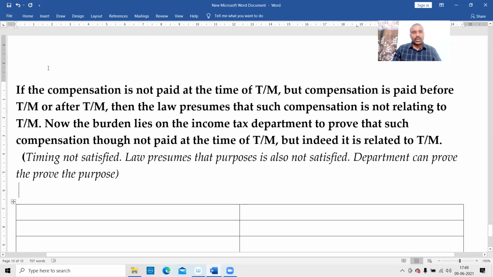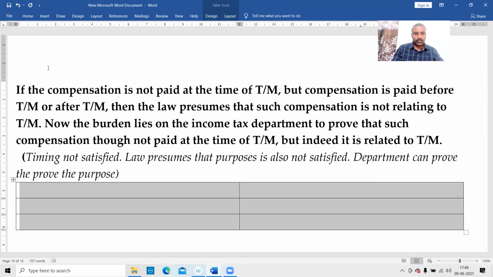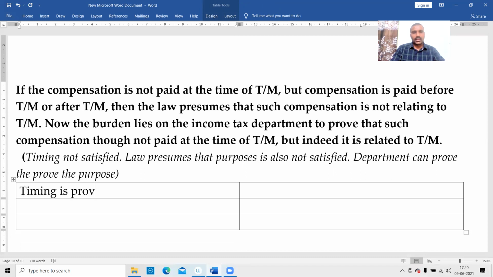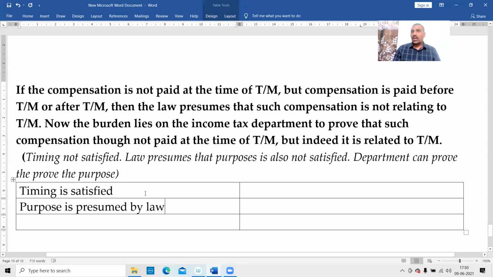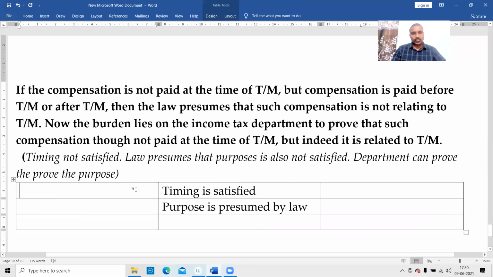Timing is proved. Timing is satisfied, purpose is presumed. Purpose is presumed by law. Facts of the case: timing is proved, and law presumes the purpose.